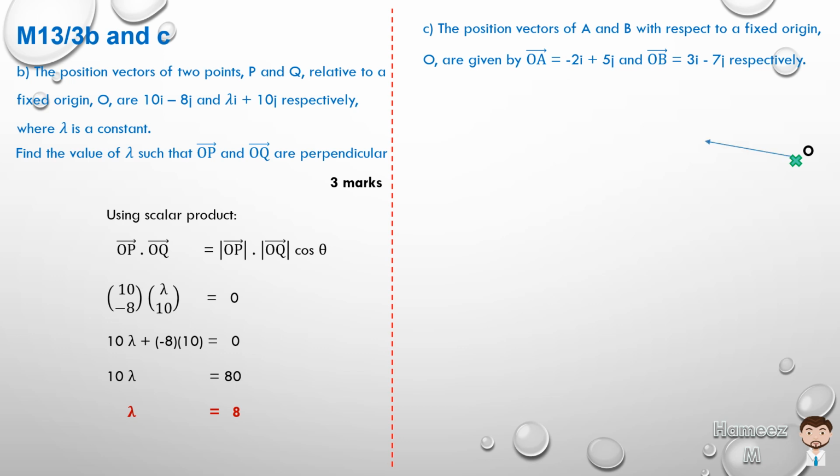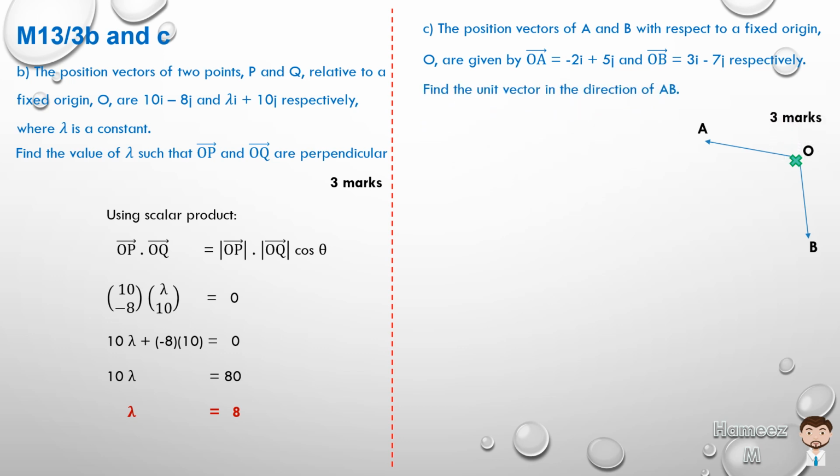So we can get an approximation of where A is. It doesn't have to be exact, but gives us a general idea. And OB is equal to 3i minus 7j, respectively. So that indicates that it moves 3 to the right and 7 units down from O. So we have OA and OB.